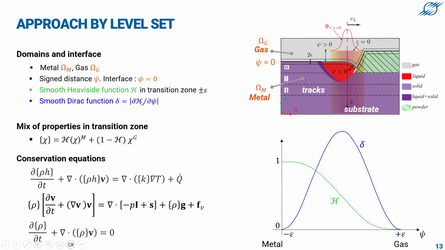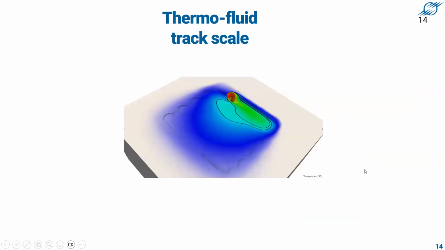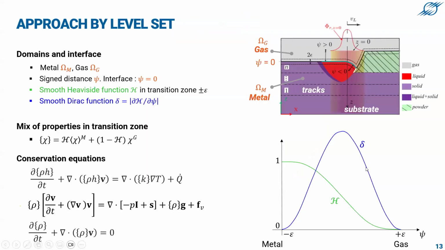And Dirac function is the derivative of the Heaviside function. So the Heaviside function will vary from 0 in one domain, for instance, gas, to 1 in the metal domain, sorry. And the Dirac function, the spatial derivative of H with respect to the distance function, will allow us to transform surface forces into volume forces.